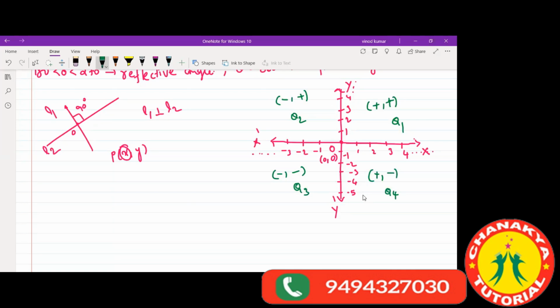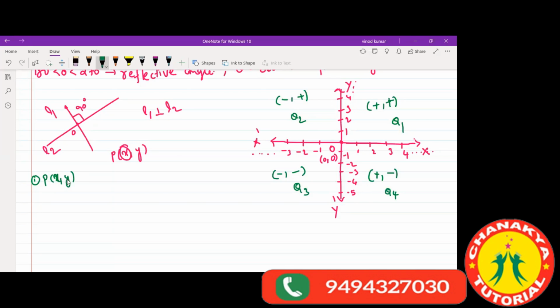Suppose P(x, y) is any one coordinate point, a point in the coordinate plane. Suppose P lies in the first quadrant.